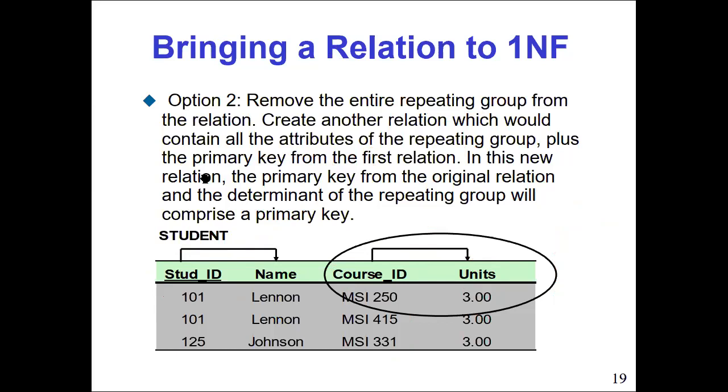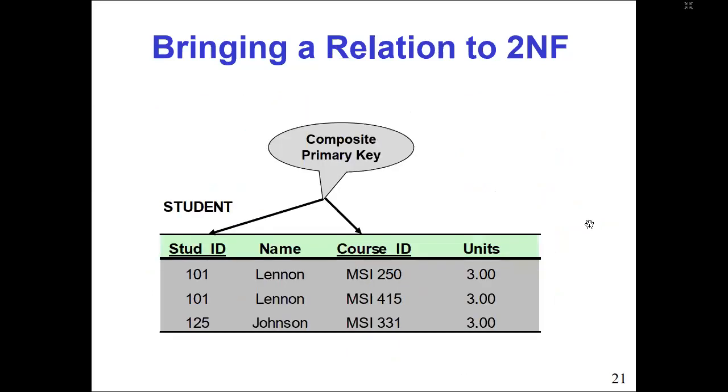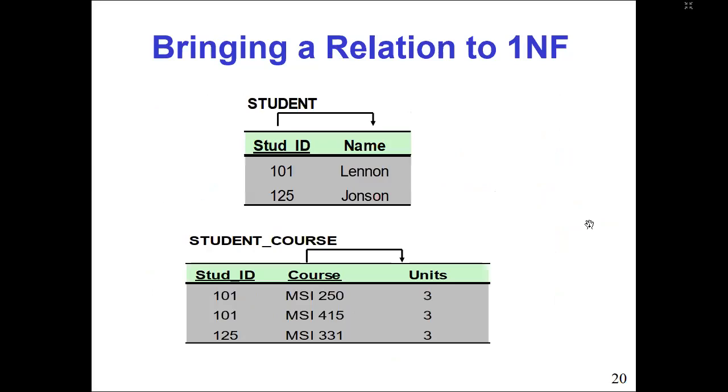The primary key from the mother table we need to take. Now this is the case we have. This is also 1NF, this is also 1NF, right?